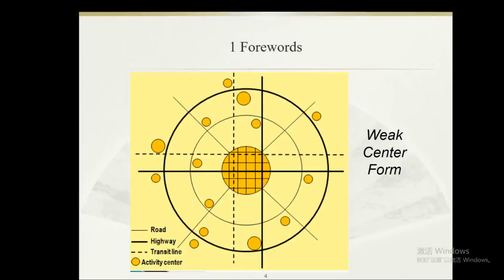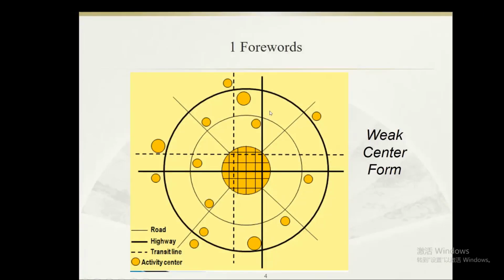You can come to the center by driving your car freely, and you can leave the city by driving your car. Convenient. But if you want to take a bus to get into the city or to other activity centers, no, not convenient.